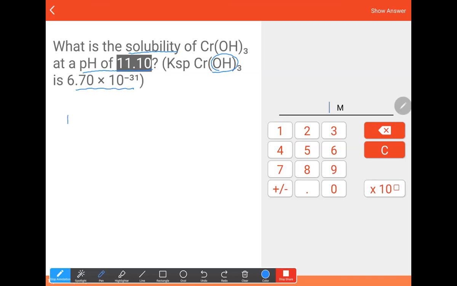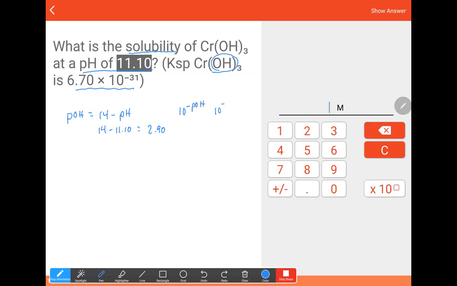So what I would do is solve for pOH, which is 14 minus pH. So 14 minus 11.10 equals 2.90. And then from that, we can solve for OH minus concentration by doing 10 to the negative pOH.